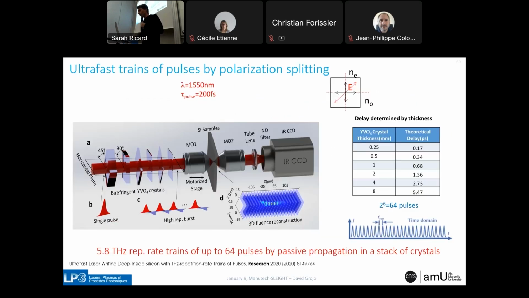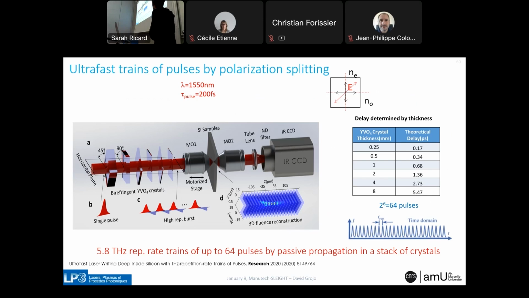The way we create these ultra-fast trains of pulses is a technique we call the polarization splitting technique, which consists in sending the single intense pulse inside a stack of birefringent crystals, all rotated at 45 degrees. By propagating in each crystal, you split the incoming radiation in two components, delayed in time, the delay driven by the thickness of the crystal and the two indices of your birefringent crystal.